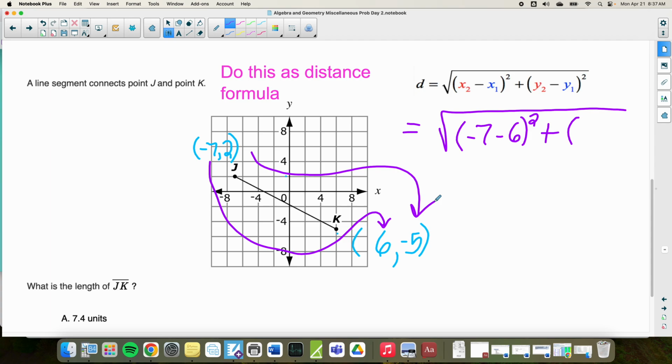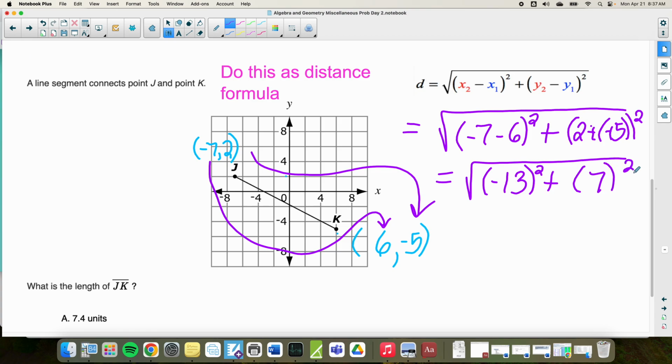So I'd go 2 minus a -5 squared, okay? -7 minus 6 is -13, and that's squared. 2 negatives in a row become positive. 2 plus 5 is 7 squared.